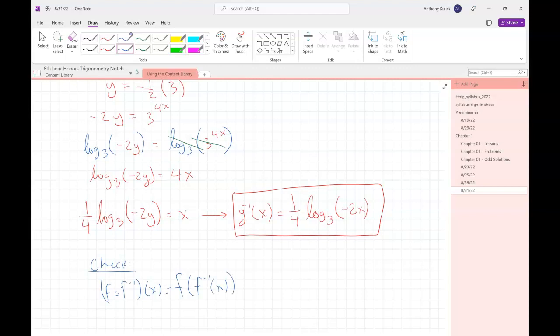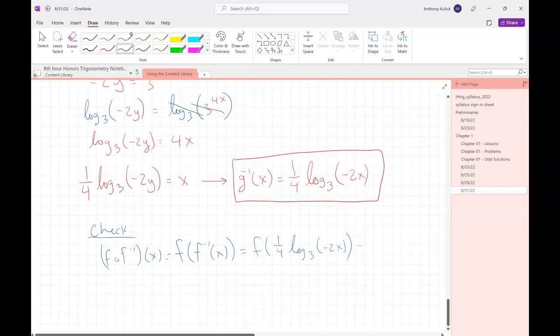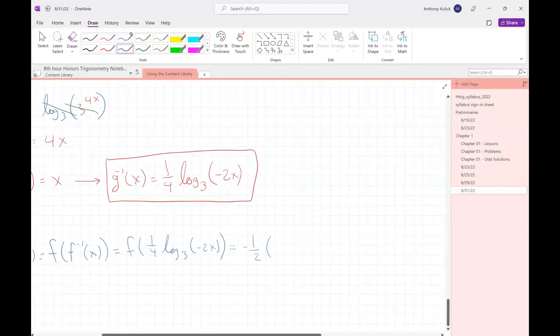The algebra is not awful. Okay, so there's the composition. Yikes! Is everybody okay with how I composed those two things?